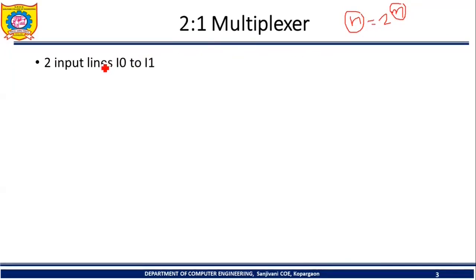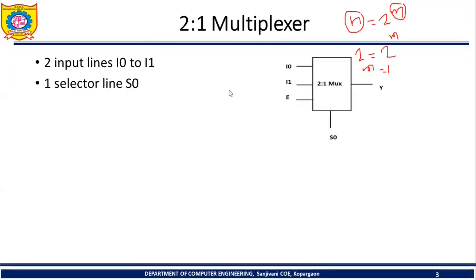In this multiplexer we have a total of 2 input lines, so 2 is equal to 2 raised to m. We want to find m, and in this case the value of m will be 1. So in a 2:1 multiplexer there will be only one selector line, and suppose that selector line is S0.